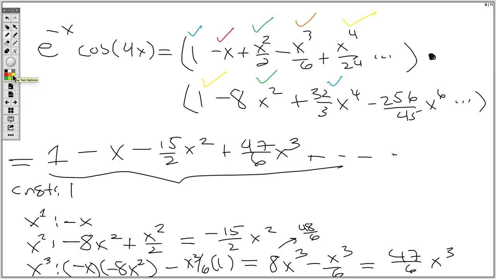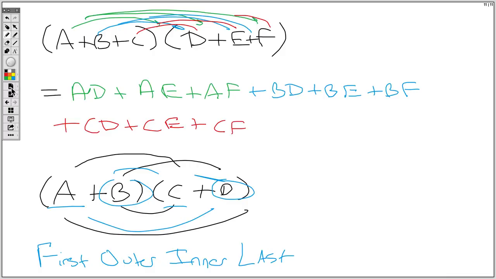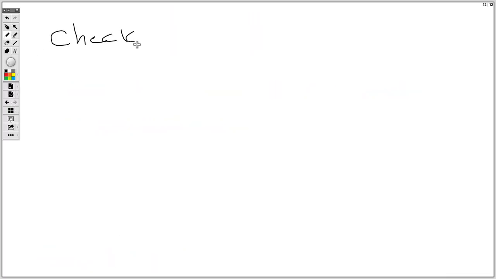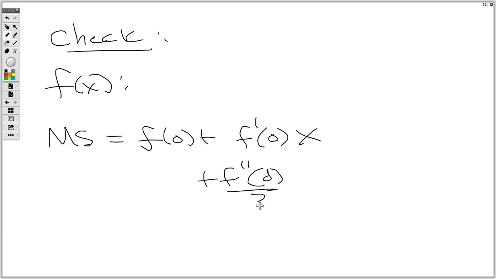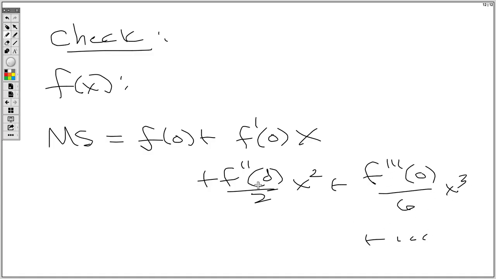Okay, so let's show you how you can check this on Desmos, because remember the theorem. The theorem says if you have a Maclaurin series, I know what the coefficients are. So if we want to check this, remember, given an f of x, the Maclaurin series is f at 0 plus f prime of 0 x plus f double prime of 0 over 2 x squared plus f triple prime at 0 over 6 x cubed, and so on.